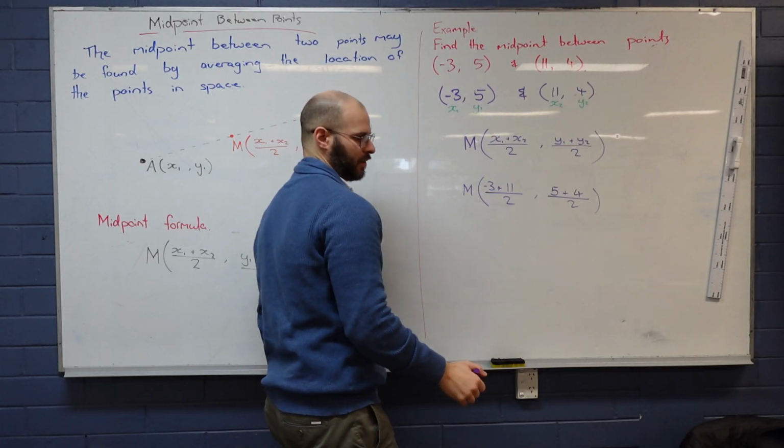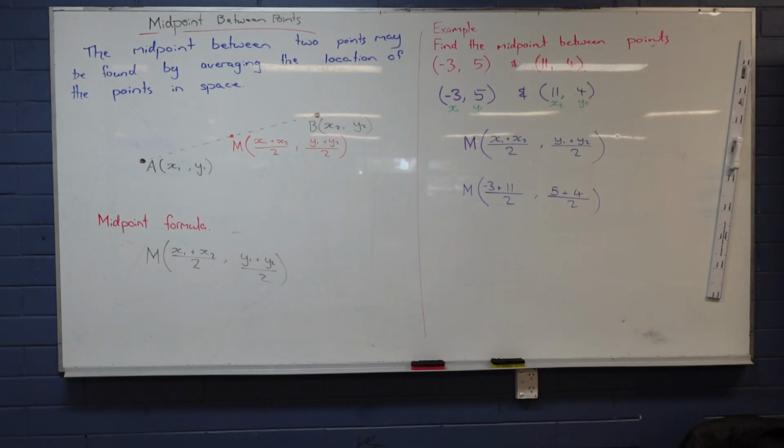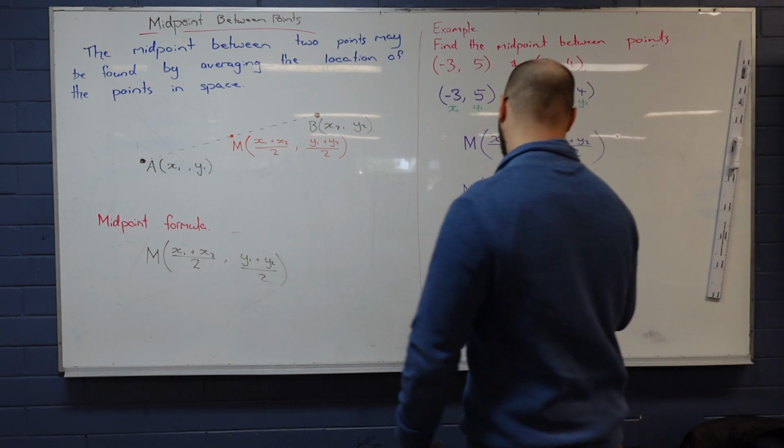-3 plus 11. Do we have a value for that? -3 plus 11 gives us 8, divided by 2, 4. So our first coordinate is going to be 4.